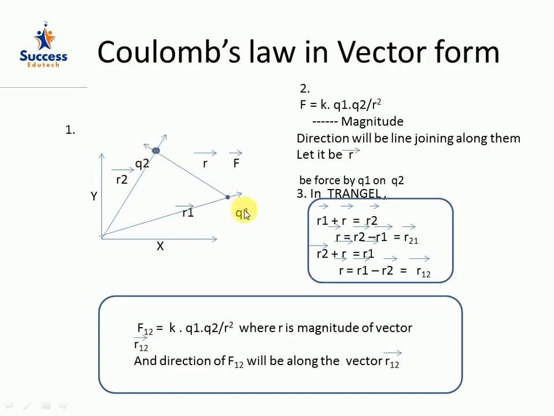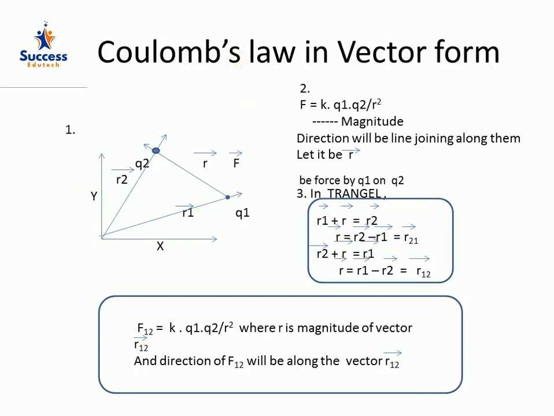Now if we join Q1 and Q2, let R be the position vector between these two charges. Also, the force between these charges is F. So obviously it will act along this line only.